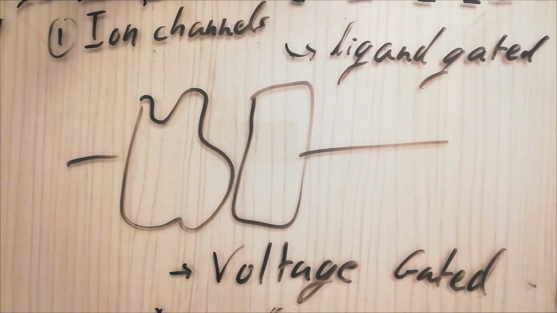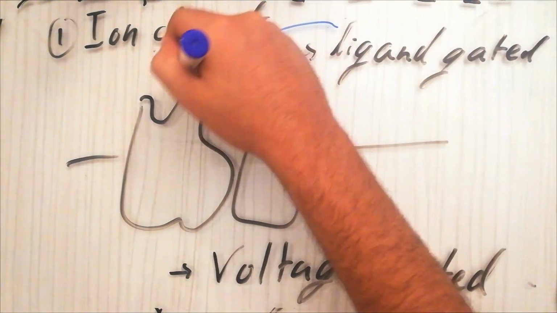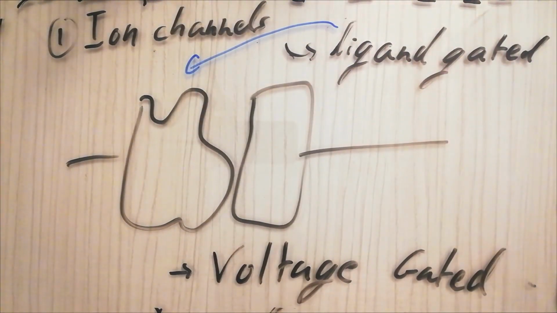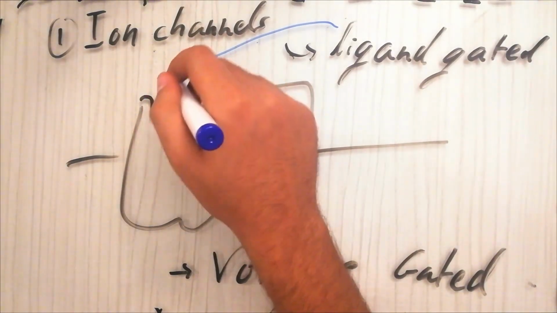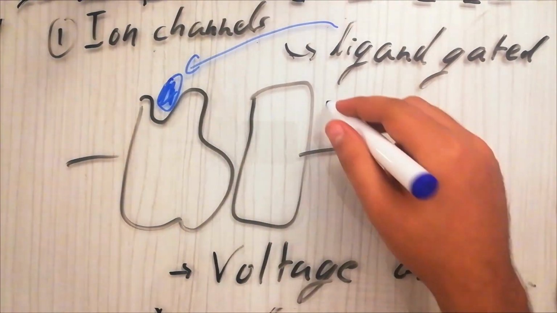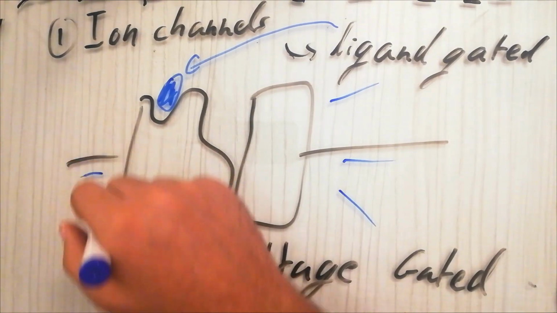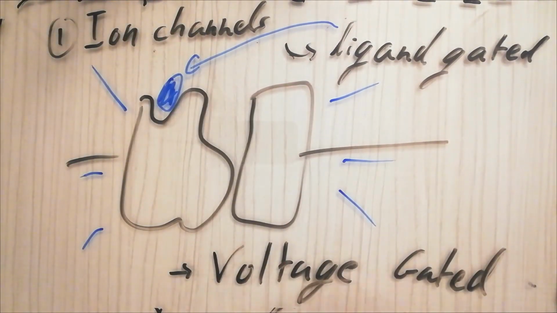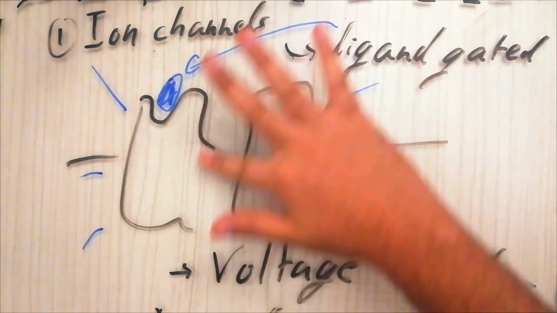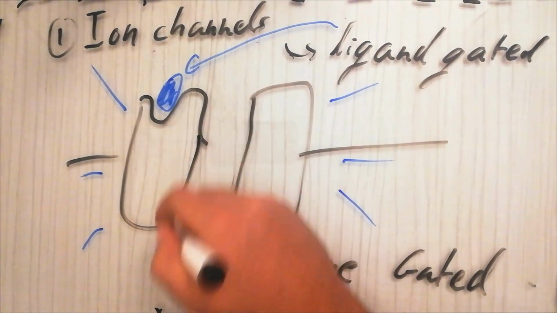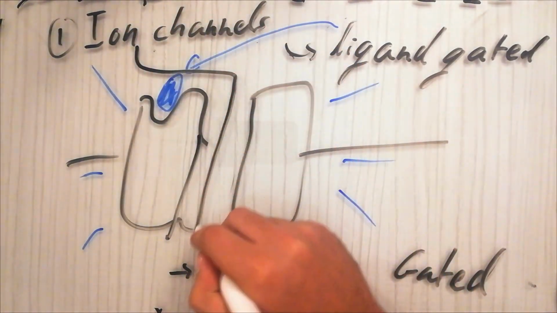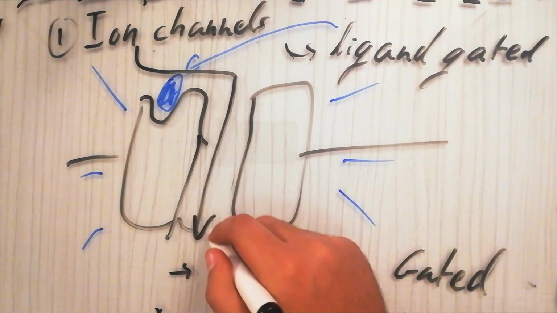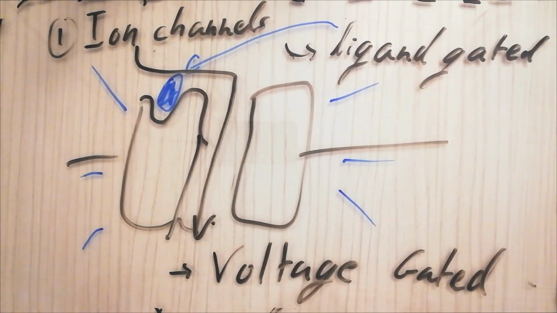These are channels that are ligand-gated ion channels, and when they are stimulated by a ligand, it causes the channel to undergo a conformational change, thus causing the channel to open, thus allowing ions to flow across that channel and into the cell along their concentration gradient.